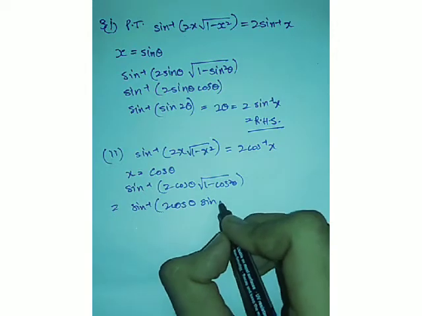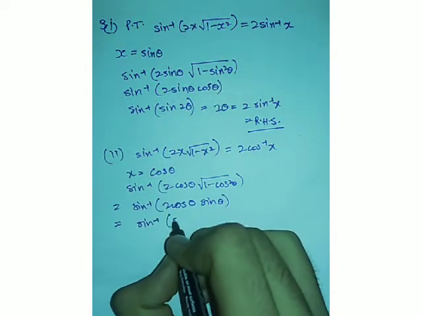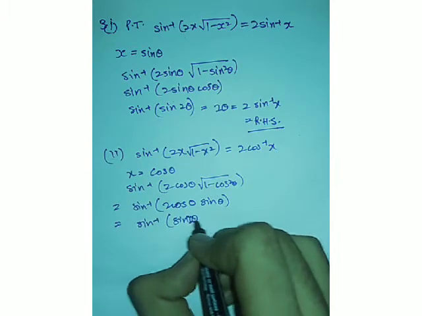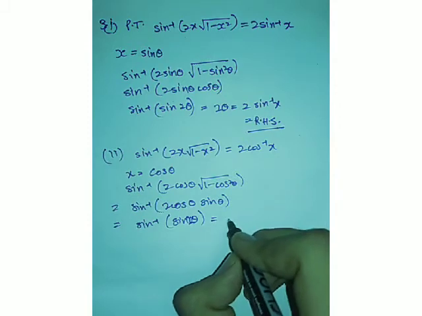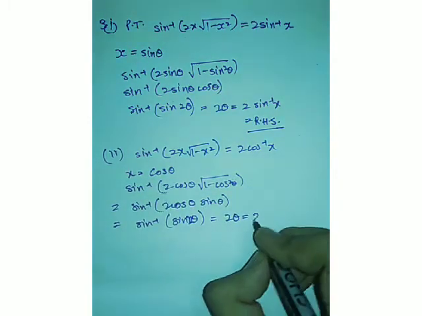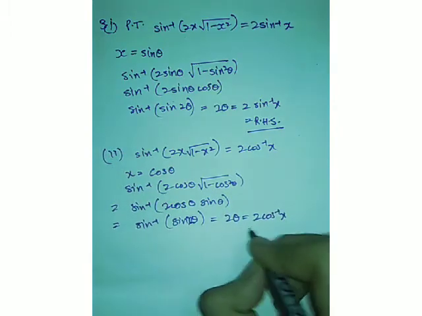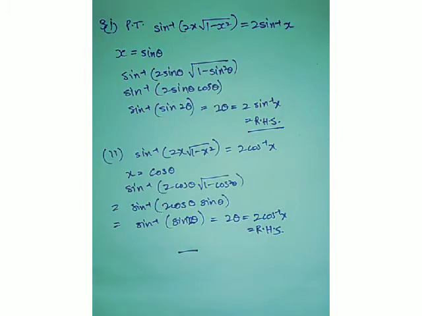So we get sine theta only, and sine inverse of sine 2 theta, because 2 cos theta sine theta is equal to sine 2 theta, which will again be equal to 2 theta, and here theta is cos inverse x. You will get 2 cos inverse x, which is again equal to your right hand side. So yeah, you can see how easy these sums are.